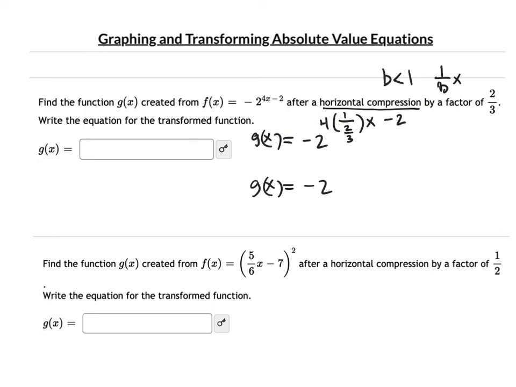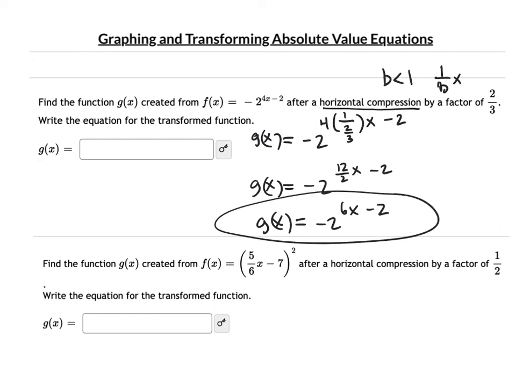Now 4 is 4 over 1, so I take 3 times 4, and that'll be 12 over 2x minus 2, which of course simplifies. G of x will be negative 2 to the 6x minus 2. Now if you have doubts about whether that looks like a compression, you could plug the original into Desmos and this into Desmos and look at them.